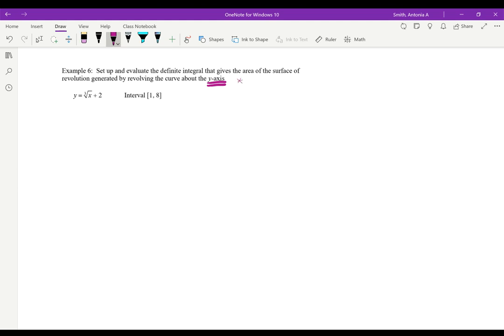So even though it says the y-axis, here's a note. Remember, it doesn't matter which terms you use with surface of revolution here. So this problem may be done with either terms of x or terms of y.